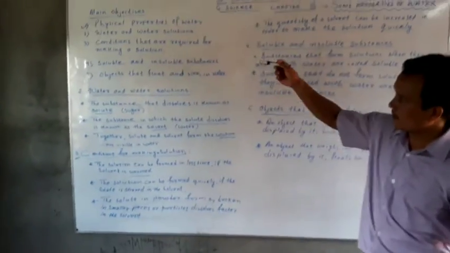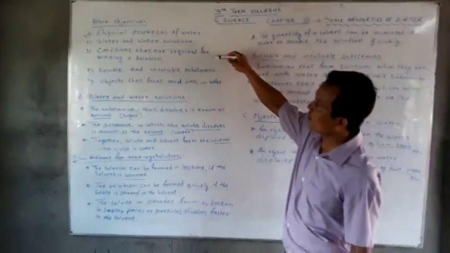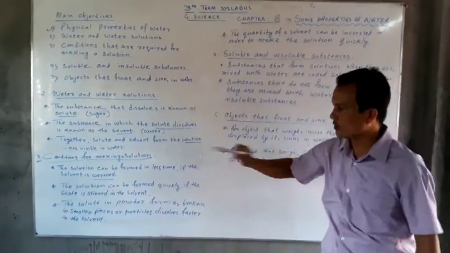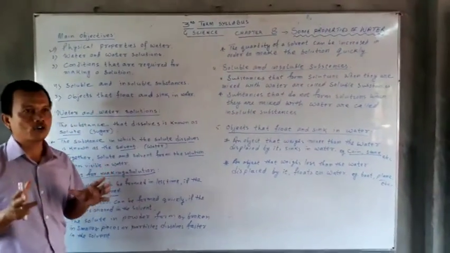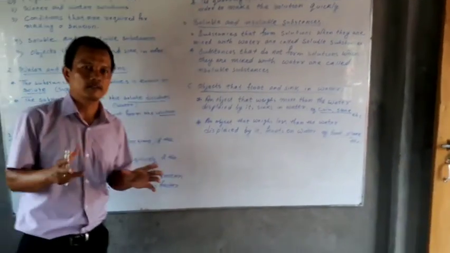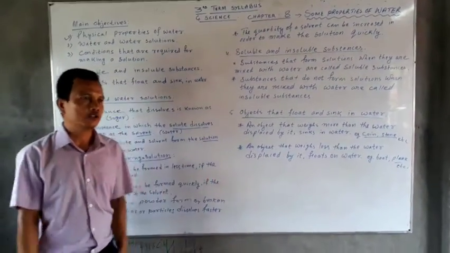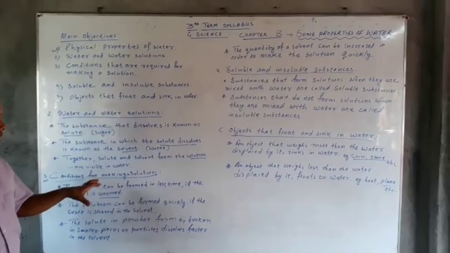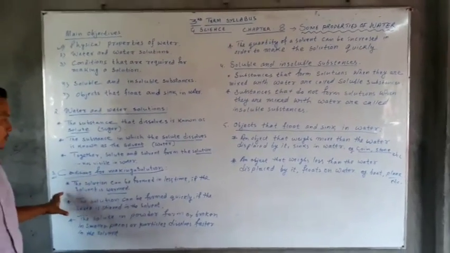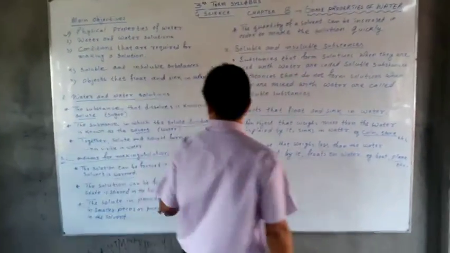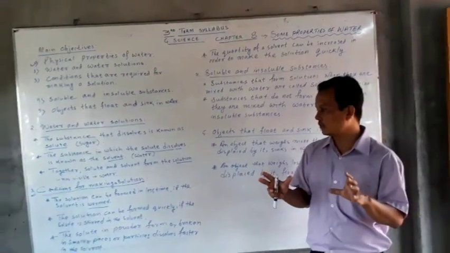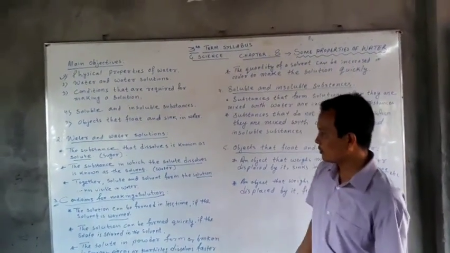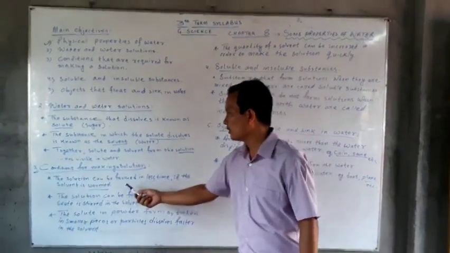Now, let us come back to the third point, that is conditions that are required for making a solution. There are a few conditions. If you want to make your solution faster, there are a few tips that you have to remember. In less time, if you want it to dissolve in water, you have to warm it.